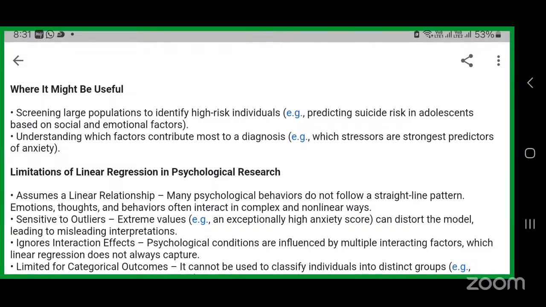Understanding which factors contribute most to a diagnosis, that is, which stressors are strongest predictors of anxiety. There you can use the logistic regression.